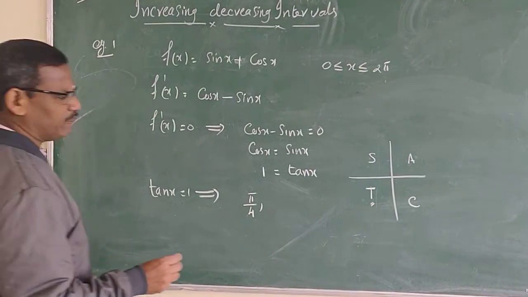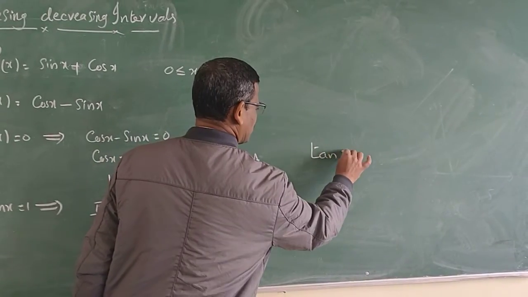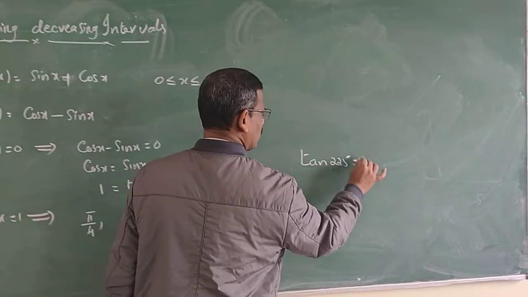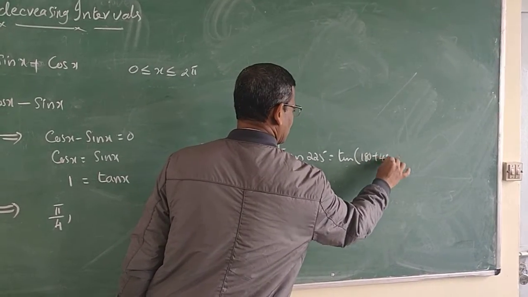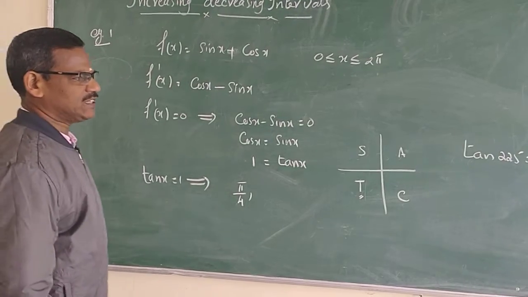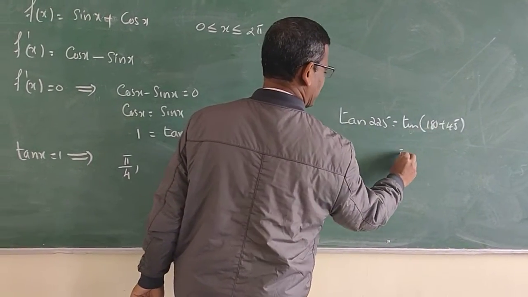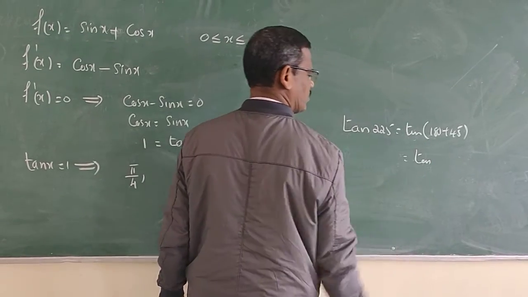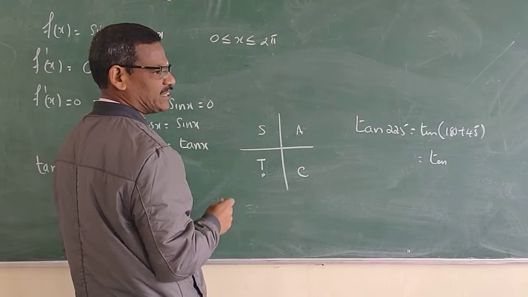So if you take 225, what is tan 225? Tan 225 is equal to tan of 180 plus 45. It is an even multiple of 90, so tan gives tan itself. And it is in the third quadrant, where tan is positive.